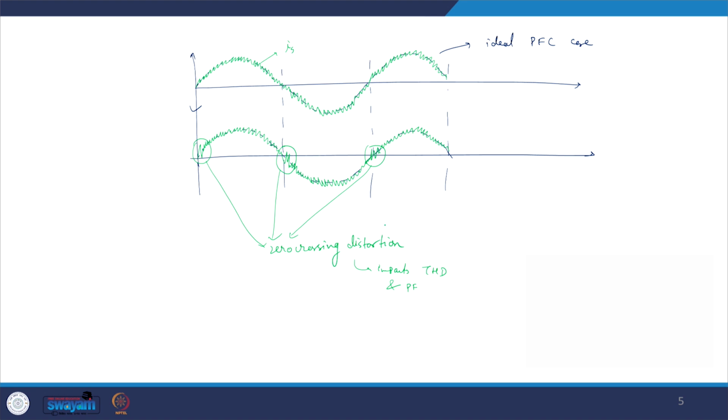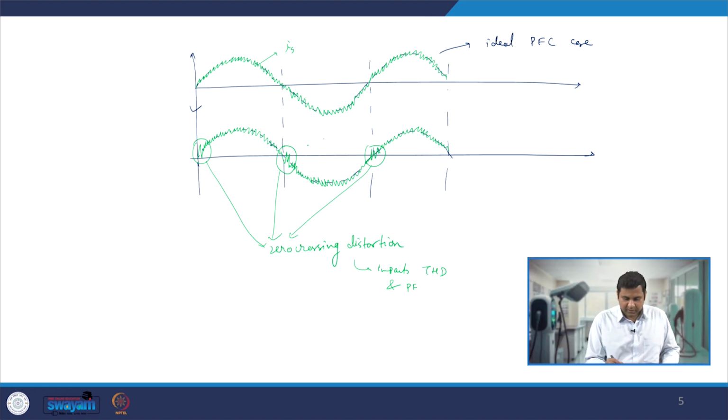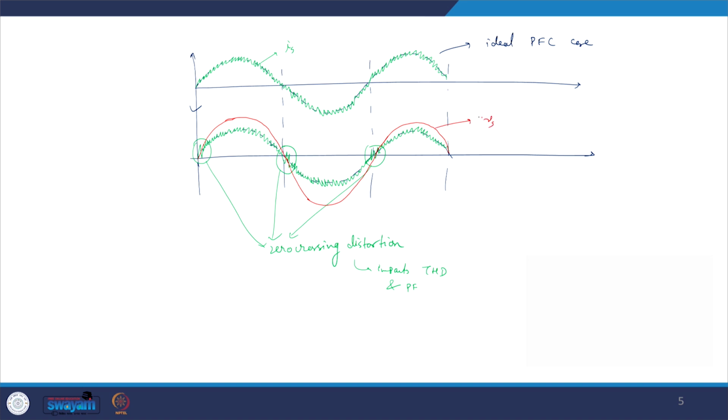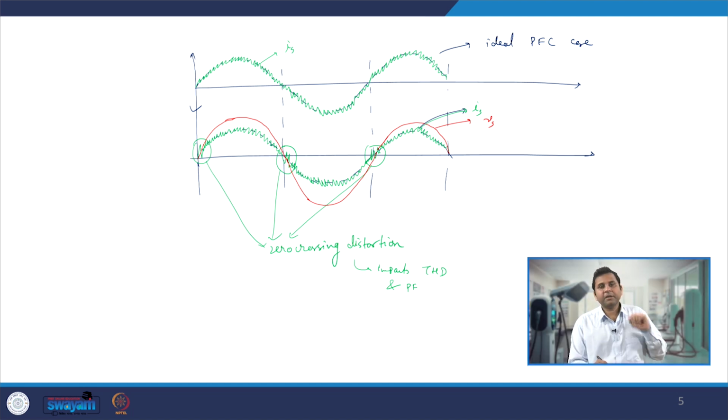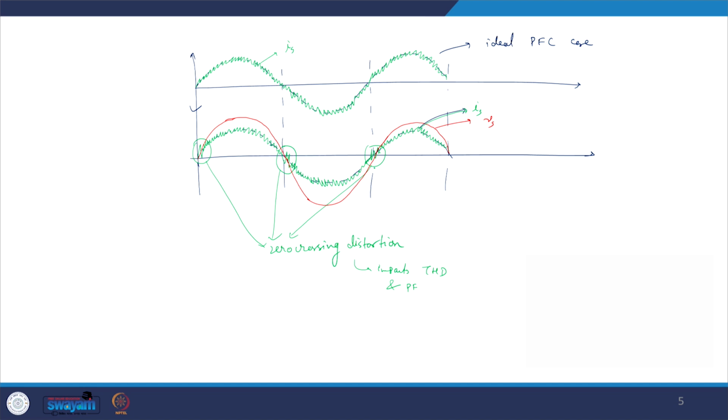Every time the grid voltage is going from positive to negative, we will see a zero crossing distortion. If we assume our grid voltage is like this, this is our Vs, and this will be our Is, and we have this zero crossing distortion where the current will be crossing 0 multiple times, because we have a positive spike as well as a negative spike, and that will keep going for certain switching cycles.